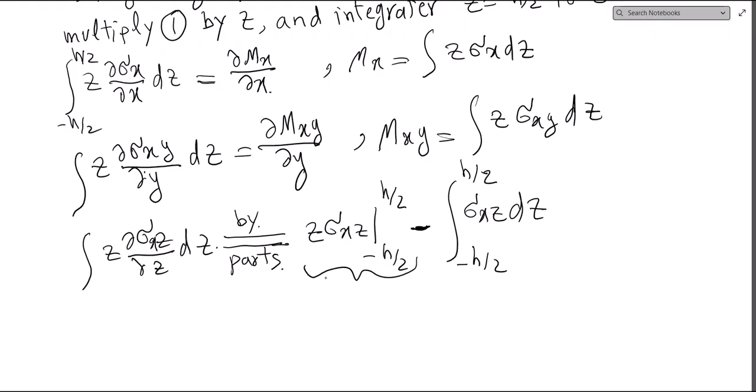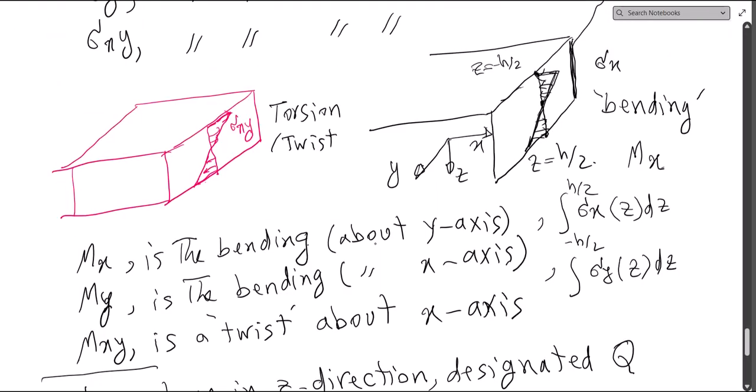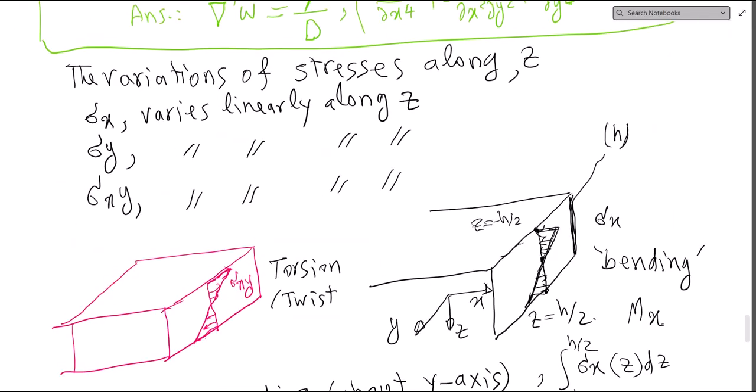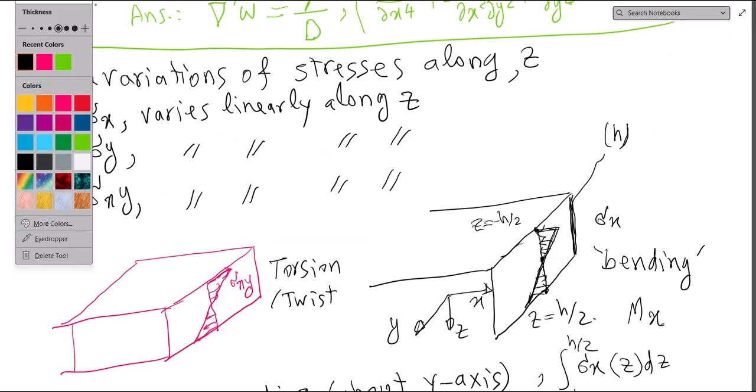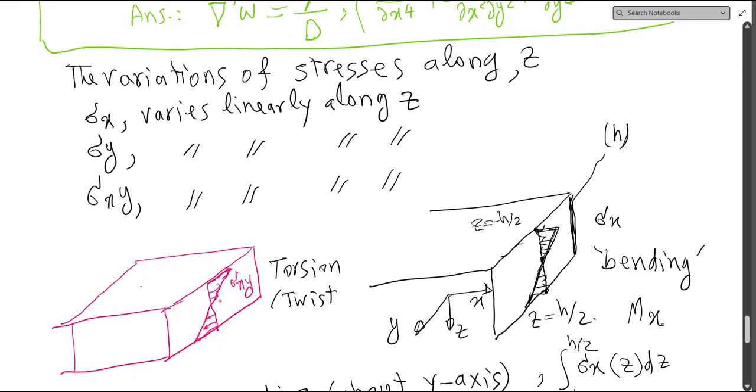This term, if there is no traction on the top and bottom, no shear traction, is zero. Because if you look at here, and if I write it again, this is sigma xz.